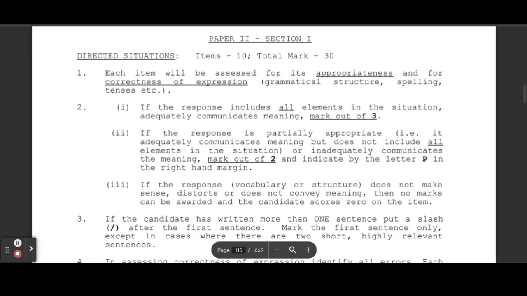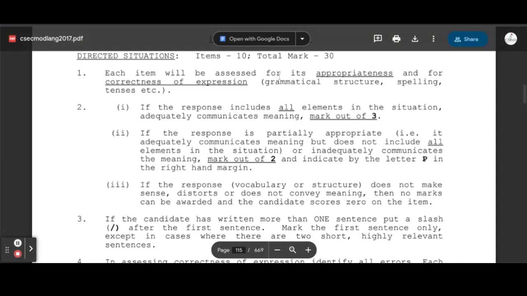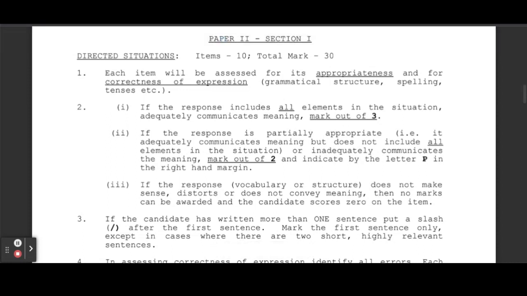So you're going to be assessed on your appropriateness. They've underlined the word appropriateness. You're going to be assessed on your appropriateness and your correctness of expression. That's what they're going to work with in terms of grammatical structure and spelling. That's what correctness of expression means here.